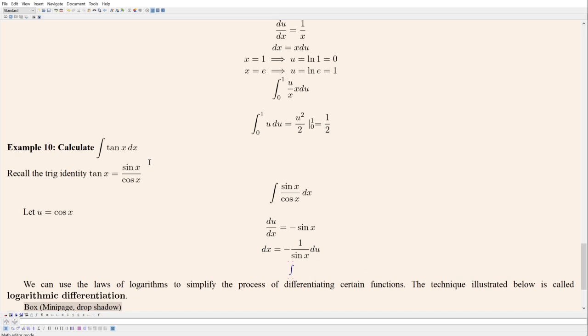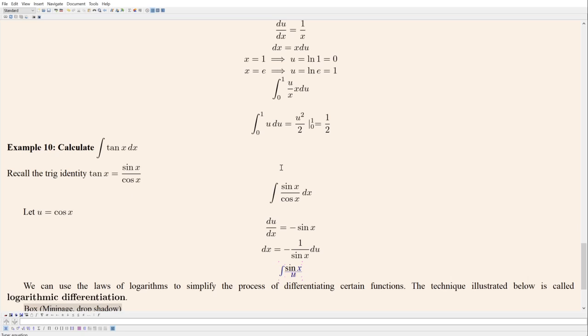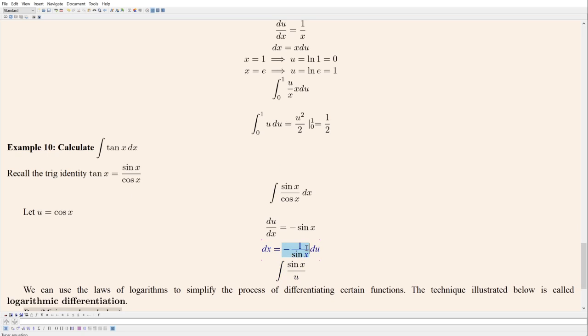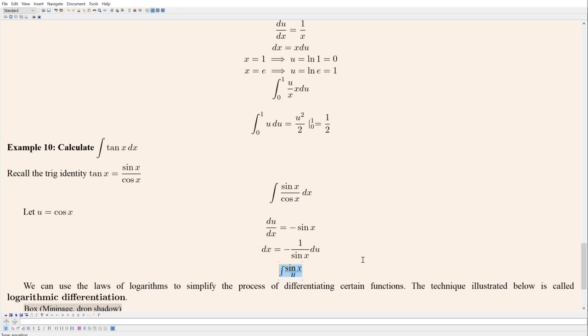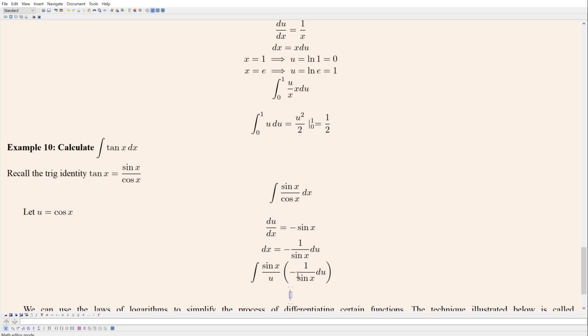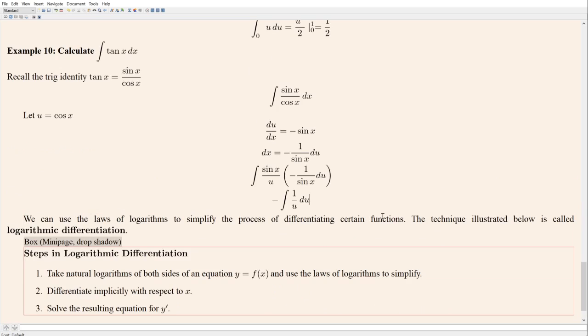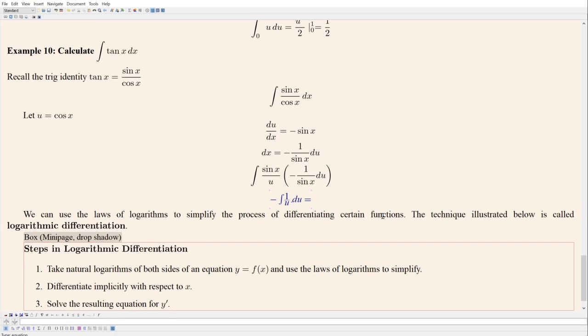So that means our integral is sine over, okay, well now instead of cosine, that has become u. And then instead of dx, we're going to write all of this. And put parentheses in it because of that negative sign. So let's see. Negative sign, I can bring that out front. Sine x over sine x, so these two sines cancel. So we just have 1 over u left over. Cool. Well, we know how to deal with that. That just becomes a natural log.